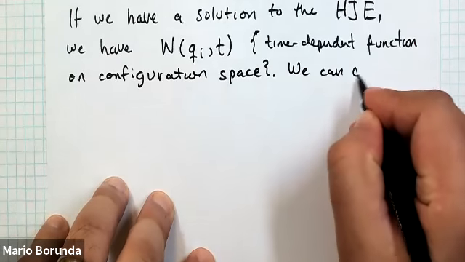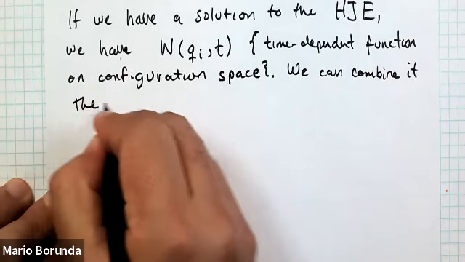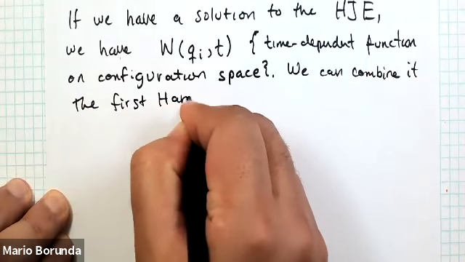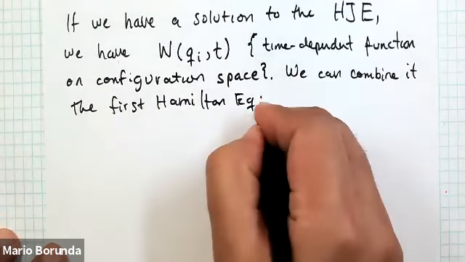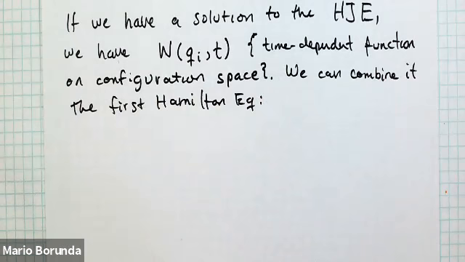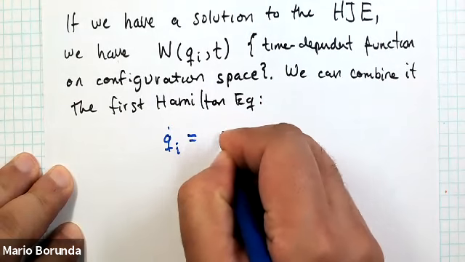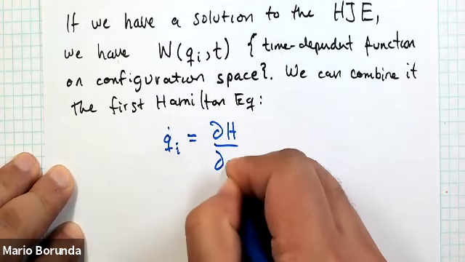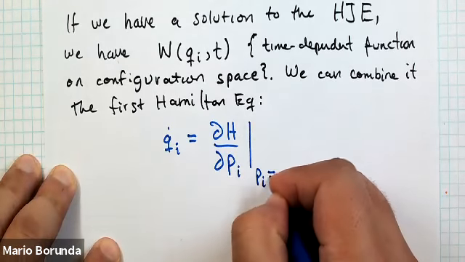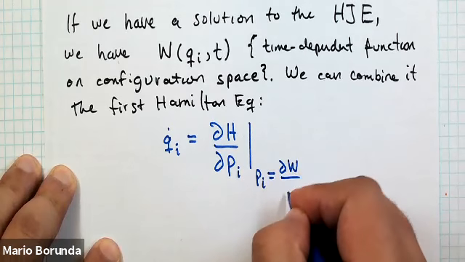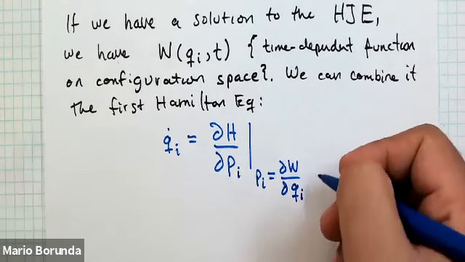We can combine it with Hamilton's equations, with the first Hamilton equation. And this one is Q dot i is equal to the partial of the Hamiltonian with respect to the momentum Pi, where Pi is equal to the partial of the function W with respect to Qi.